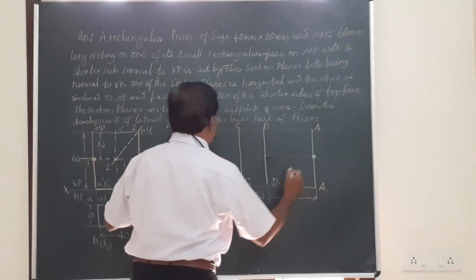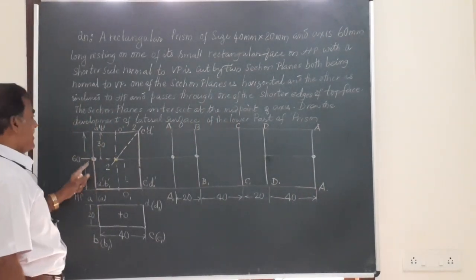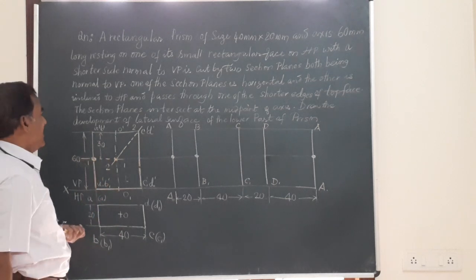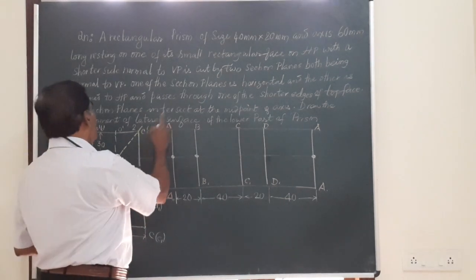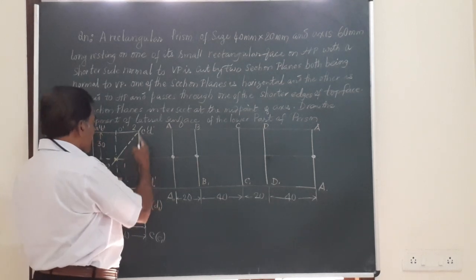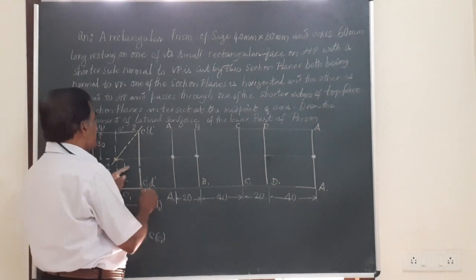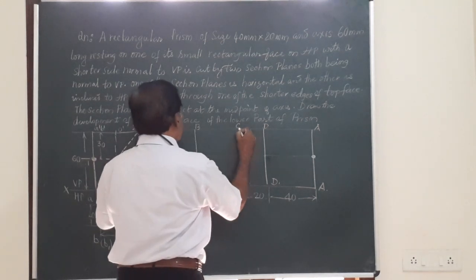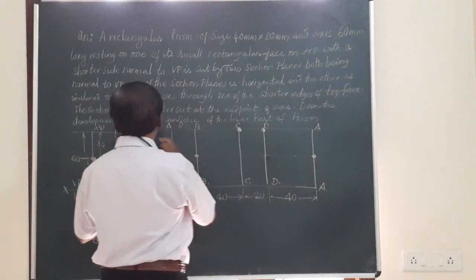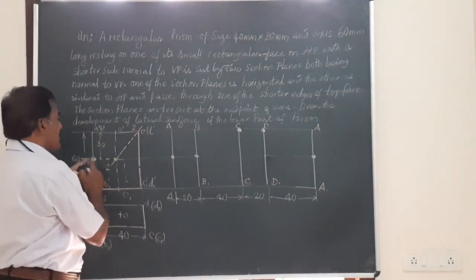So these are the points. Similarly, for the top face, the section plane 2, 2 is passing through C and D, and it is not cutting any of these vertical edges. Hence, I am going to mark a point at CC1, a point at DD1. So 2 points here, 2 points here.